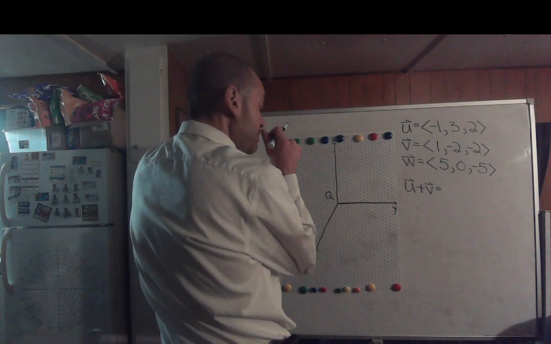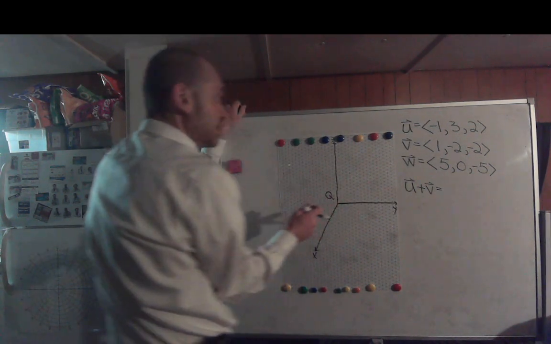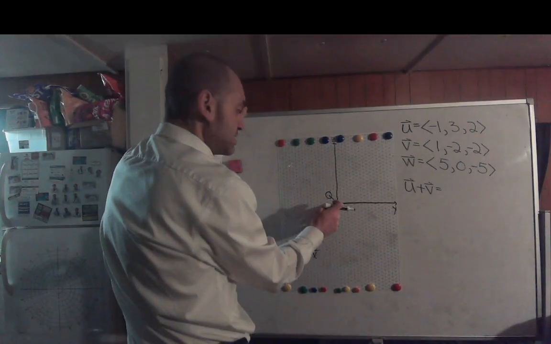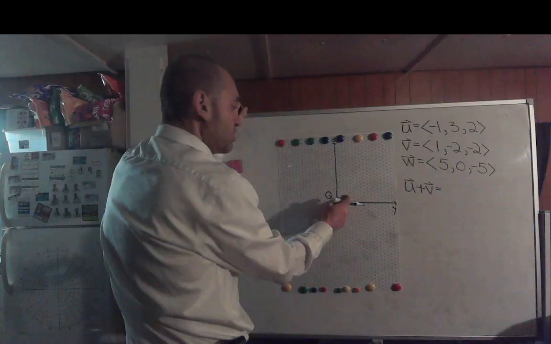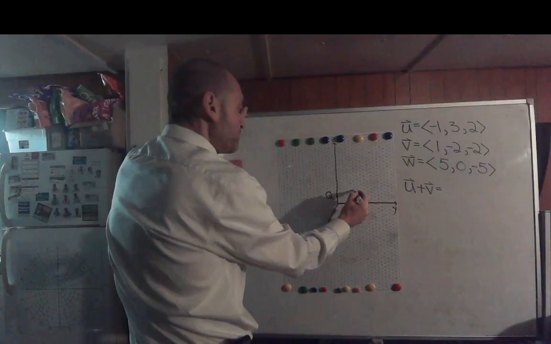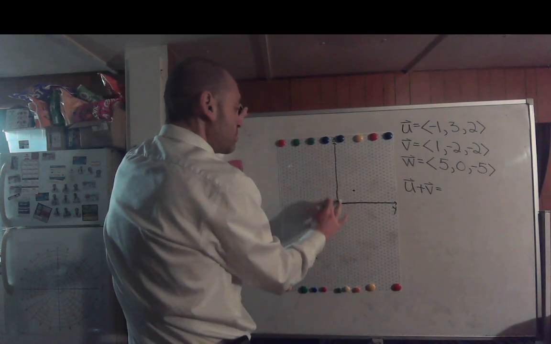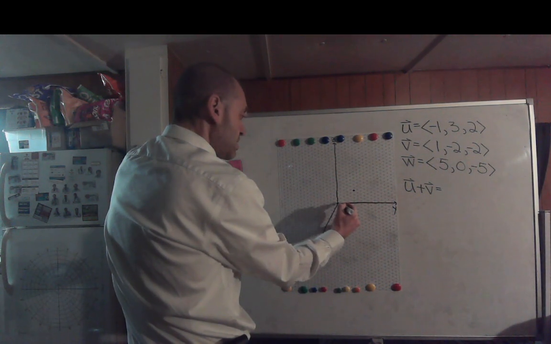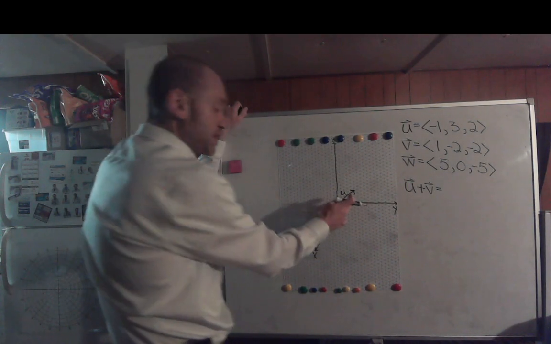To illustrate this, I'll go 1 in the negative x direction, over 3 in the y, and up 2. So here's my vector u.